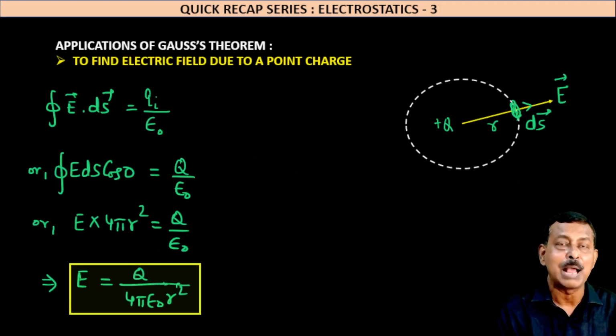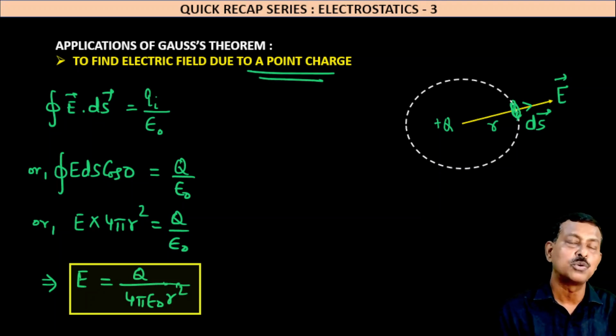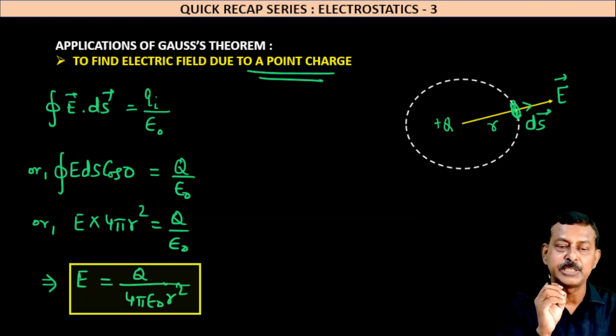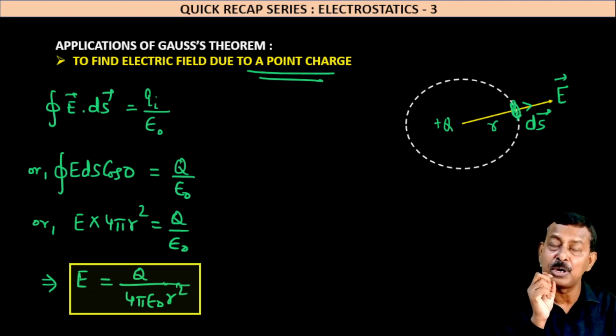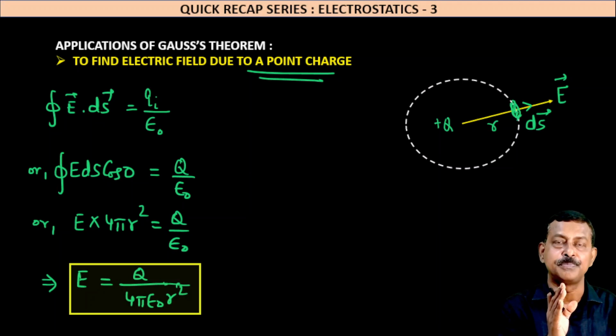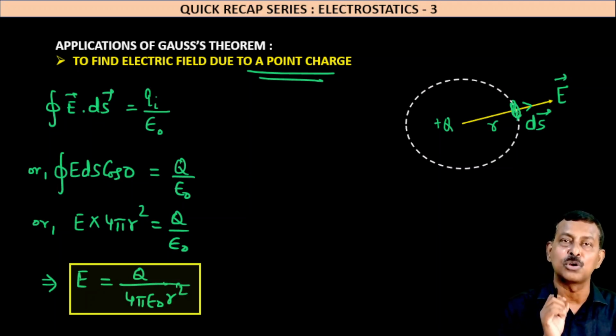Let's now take applications of Gauss theorem. First, we are taking to find electric field due to a point charge. I want to find electric field due to a point charge using Gauss theorem. We have already done electric field derivation for a point charge using Coulomb's law. Now here we are doing it by Gauss theorem.